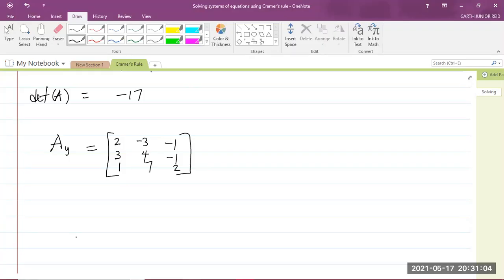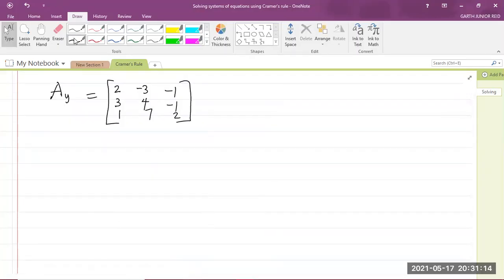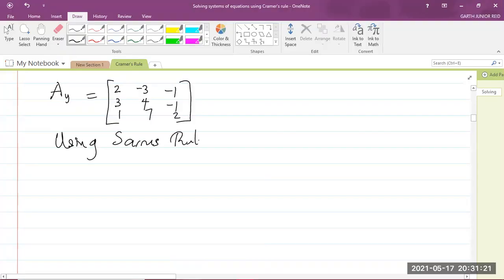So I'm going to be using Sarrus' rule once more. So using Sarrus' rule, we're going to write down the first, second, and third columns of the matrix. Column 1 has 2, 3, 1. Column 2 is -3, 4, 7.